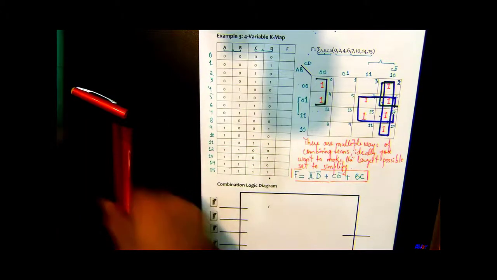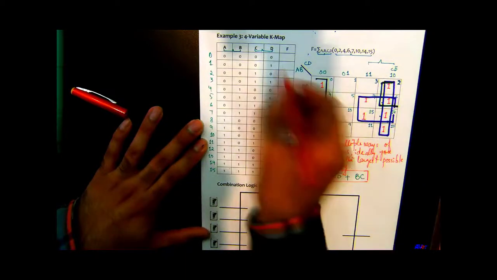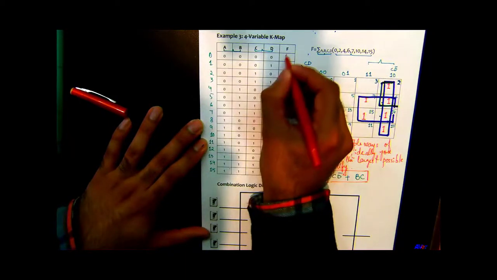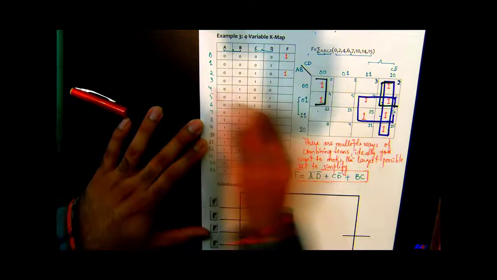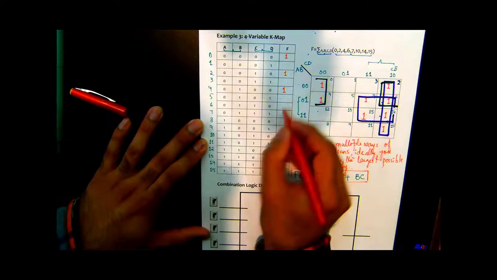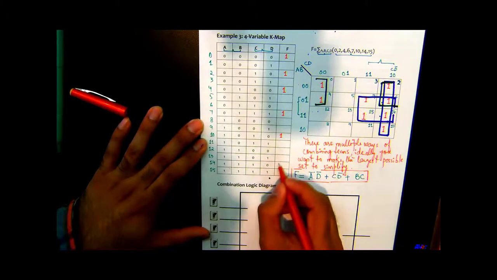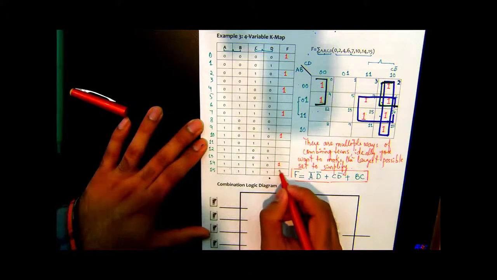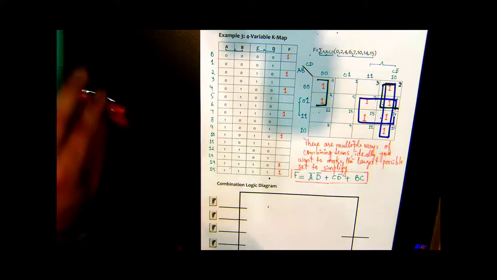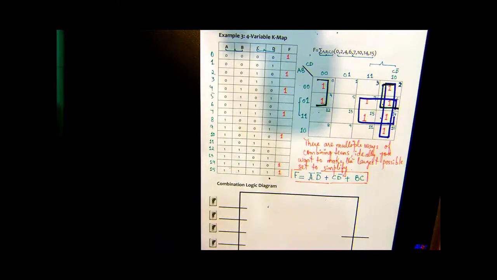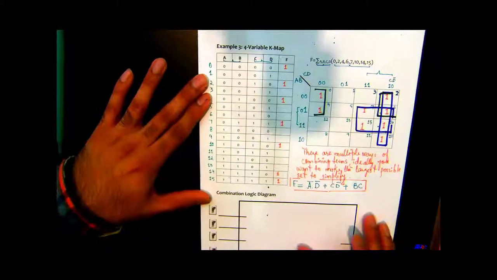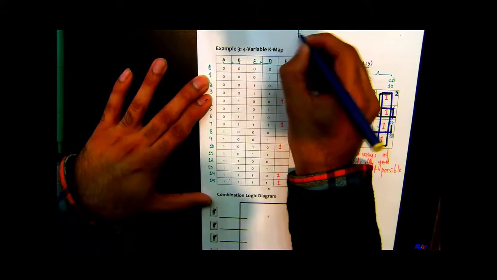I'll just quickly fill this out. We had 1 here, 1 here, 4 was 1, 7 is 1, 10 is 1, 14 is 1, 15 is 1. Imagine when we were doing SOPs and POS and getting an expression, if we didn't have this kmap, what would the expression have looked like?